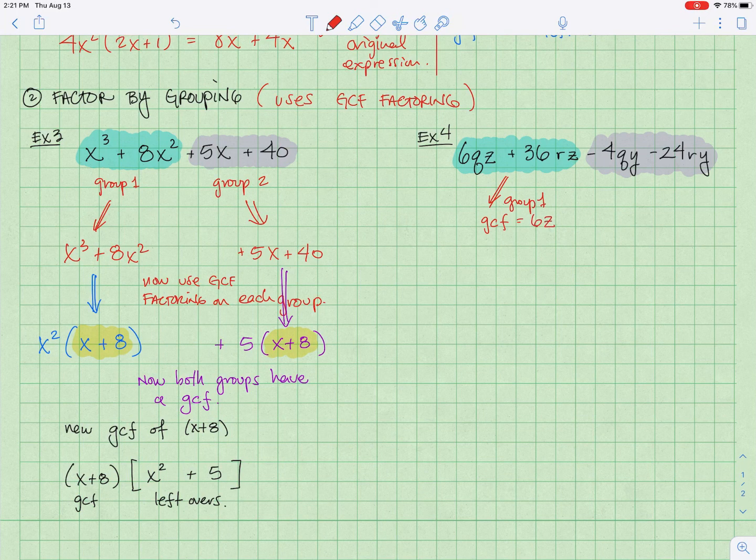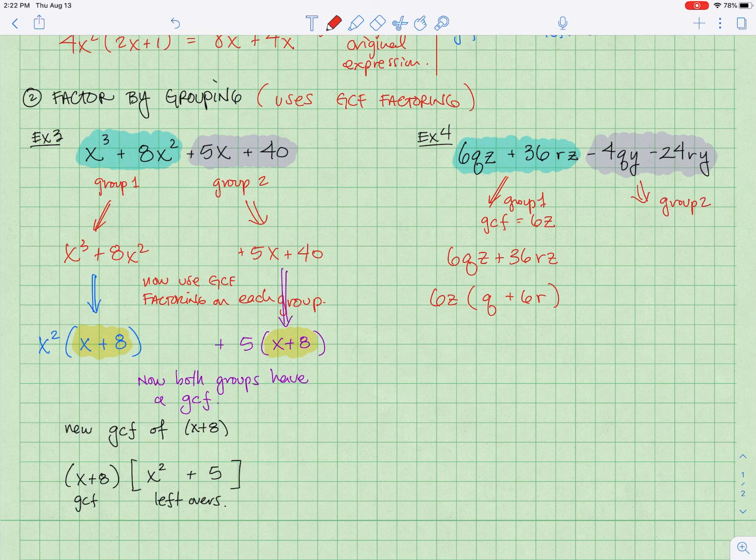So from 6QZ plus 36RZ, we'll pull out a 6Z. In the first term, we'll be left with a Q. In the second term, if we pull out a 6, we'll be left with another 6, and if we pull out a Z, we'll have an R. And there is our GCF factoring for group number 1.